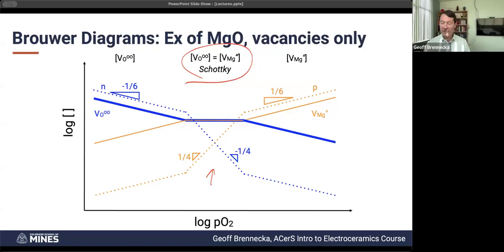That comes down to the fact that all of these defect reactions that can happen in a sample are happening to some extent, all of them. It's just a matter of what the relative concentrations are. So if you were to, for example, measure the electrical conductivity of a sample that had this kind of Brouwer diagram, and going back to Jan's question, how do you know if it's electrons moving or ions moving?